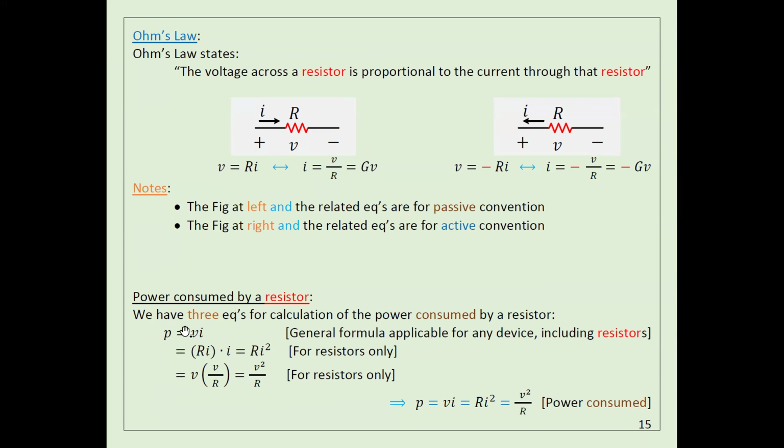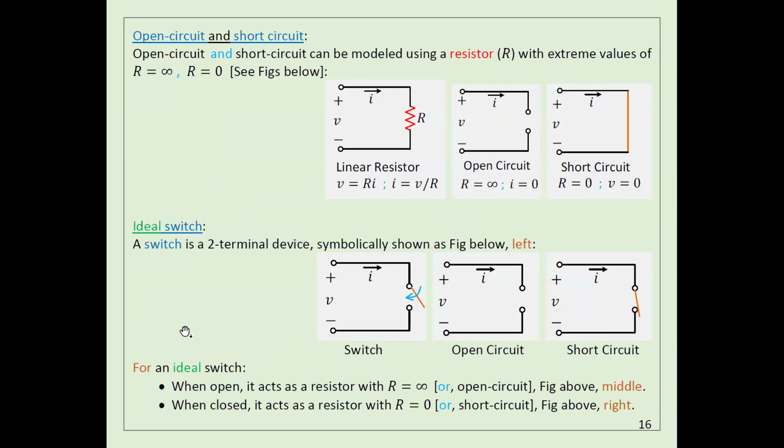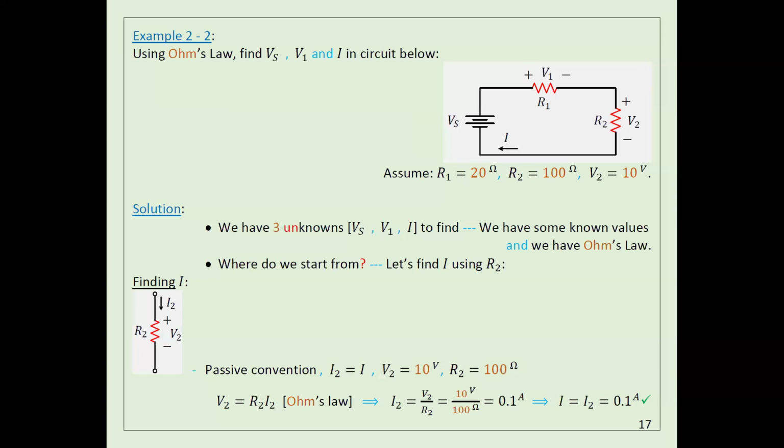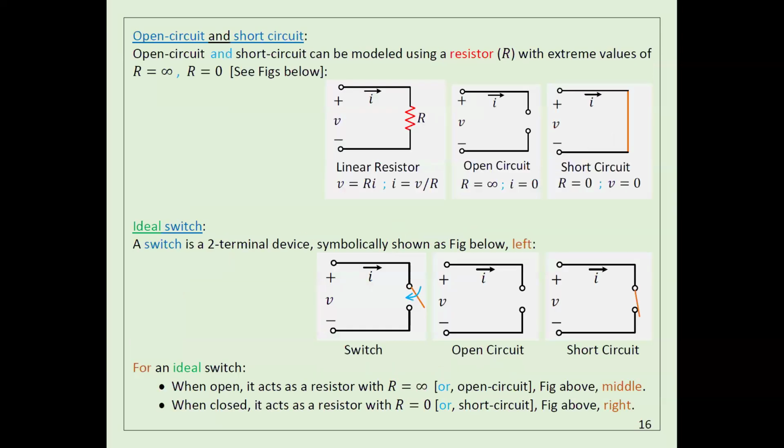But this one is a general formula. Okay? Anyway, and finally, I think last time I explained what a short circuit is and what an open circuit is. So open circuit means it's like you have infinite resistance. When I say the resistance is infinity, it's an open circuit, because if the circuit is open this way, the current cannot flow here.